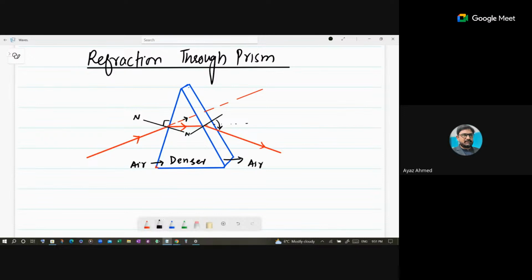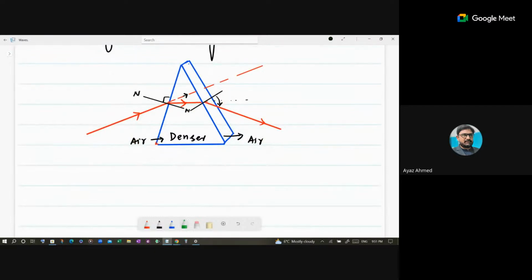So remember this thing, the light bends down and down and down in this prism. The light bends towards the base of the prism all the time. This is the base of the prism. Is it clear to all of you? I mean both of you?